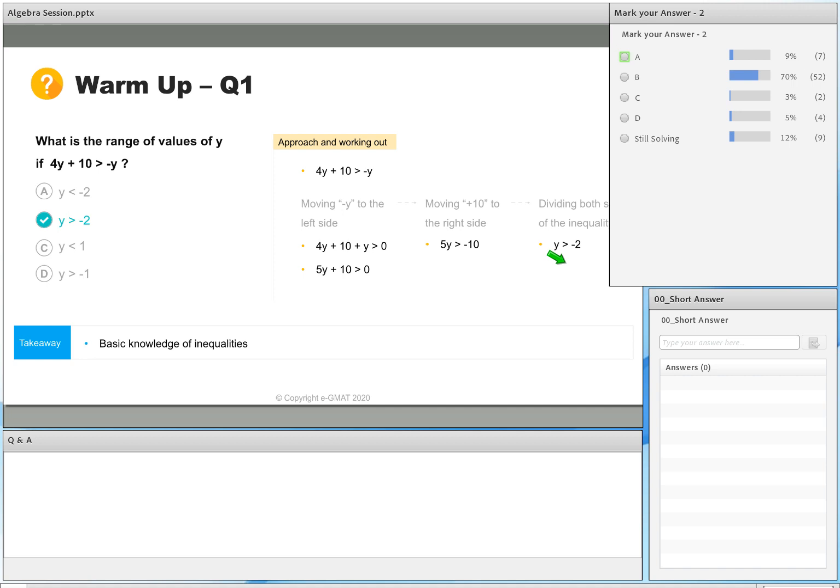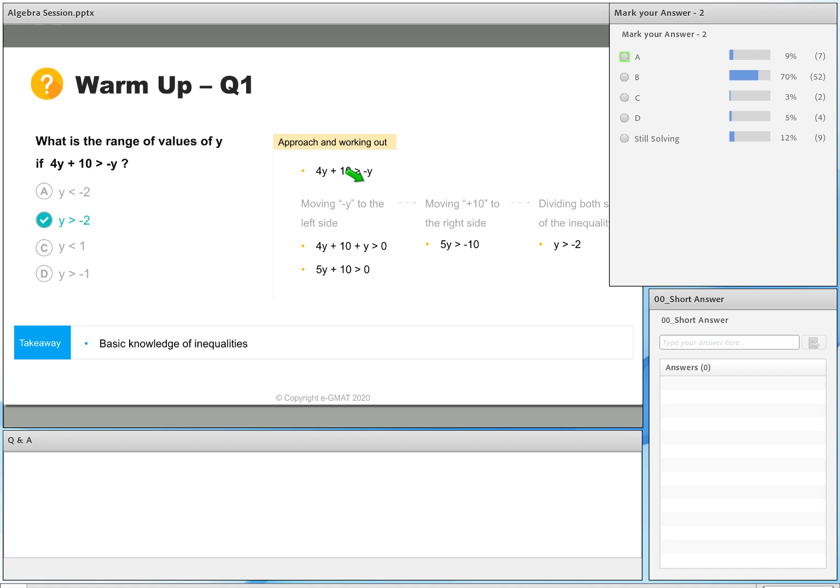So 70% is a very good accuracy, but for the 30% of the people who got this wrong, just see the kind of mistakes you made. 9% of you who went with A, you had just the opposite sign of what it had to be. That means there was some step along the way where you flipped the sign of the inequality.